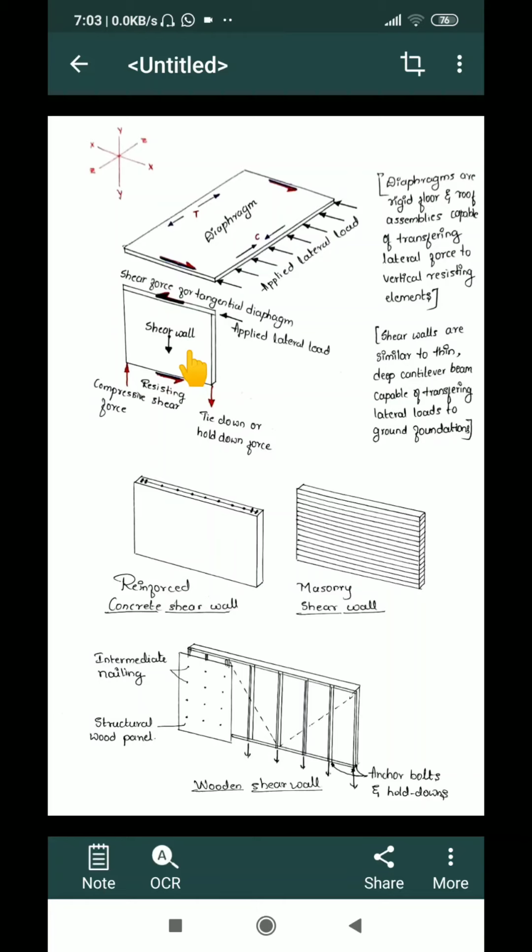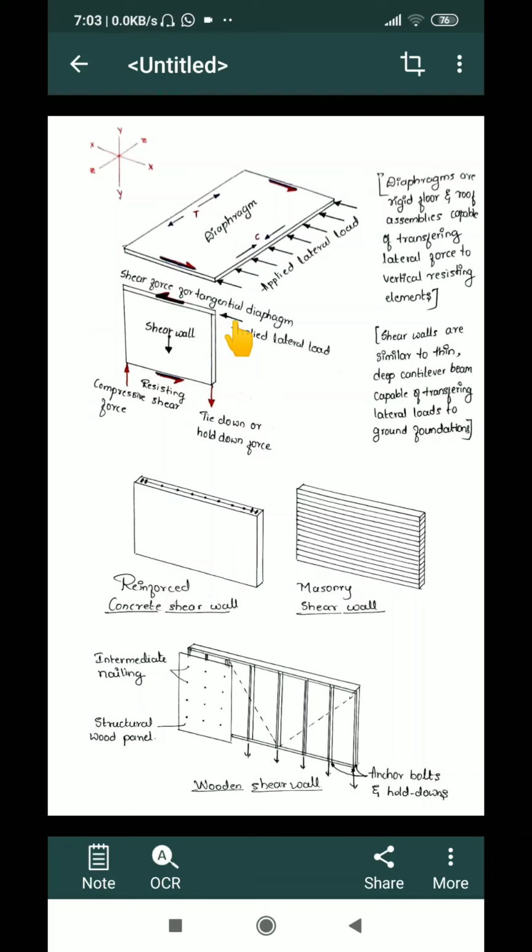In-plane forces are nothing but forces applied on a member along the same plane as that of the member. Here the shear wall is in the xy plane, whereas the lateral load applied is also in the xy plane. It is acting along the plane of the member.